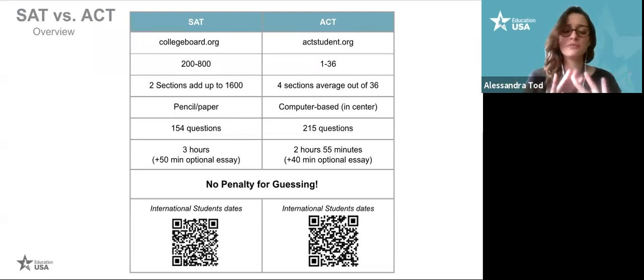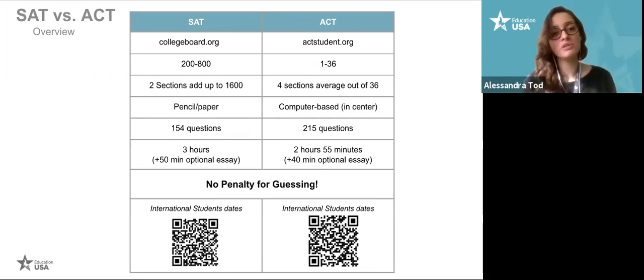First of all, they are from two different organizations. The SAT is from the College Board, which you probably heard about when you're doing your college search, and the ACT is from ACT.org. The scores are generally different. The SAT has two sections, and each section goes from 200 to 800 points.